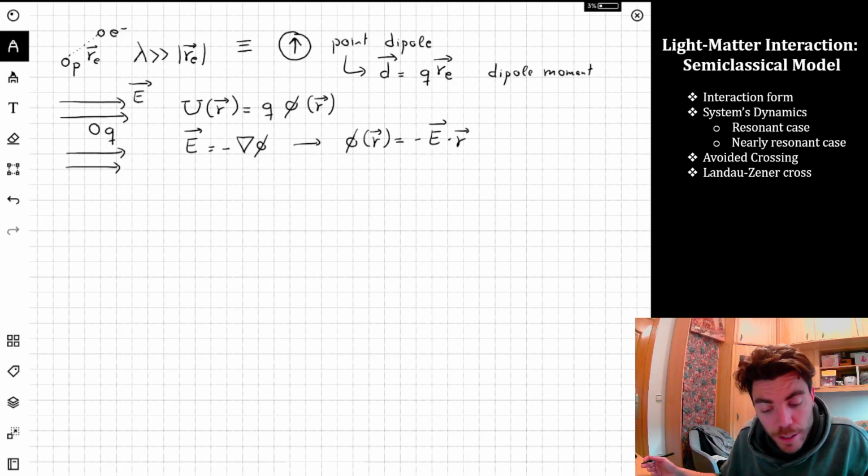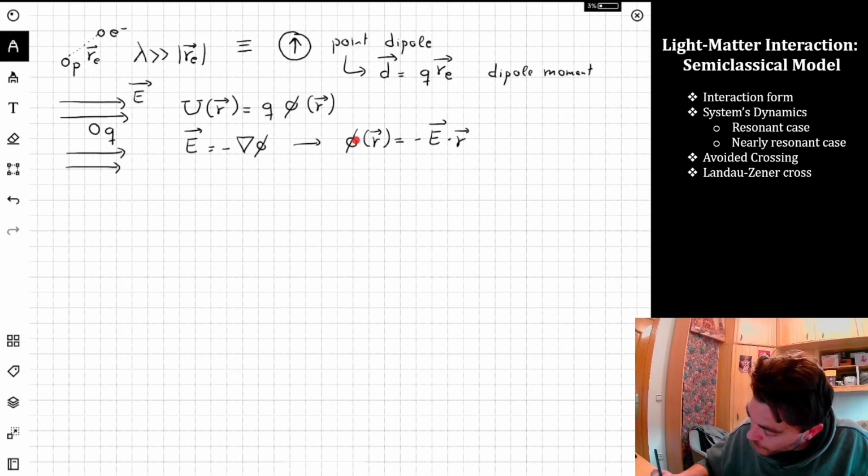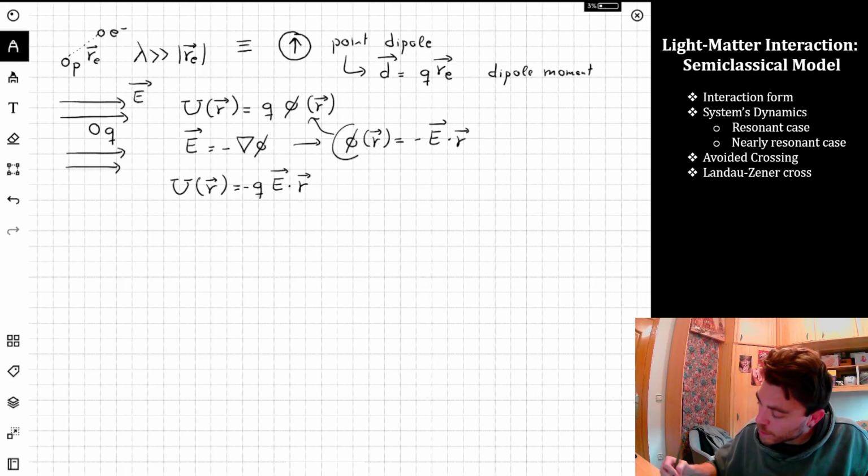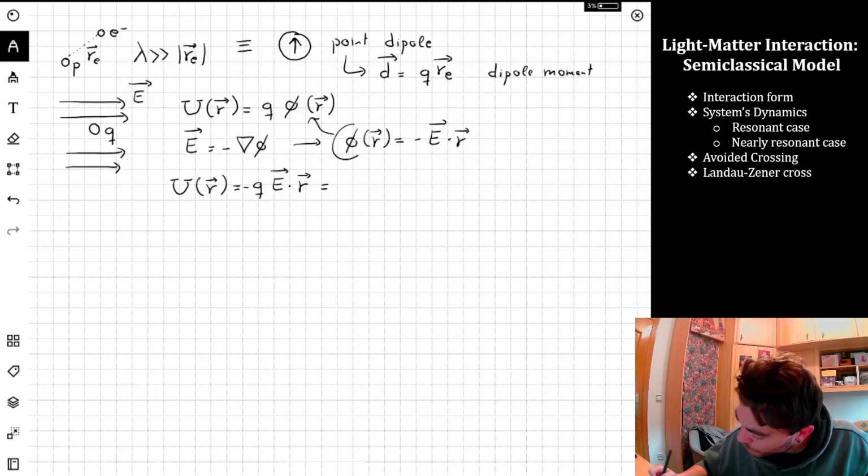of your coordinate system. Alright, so just by substituting this here, we just discovered that the energy at the position R is equal to minus Q times E times R. But this, minus Q times R, is the dipole moment.